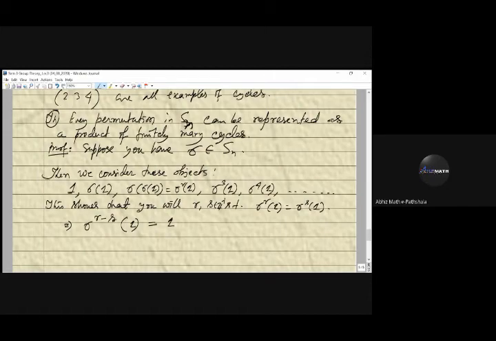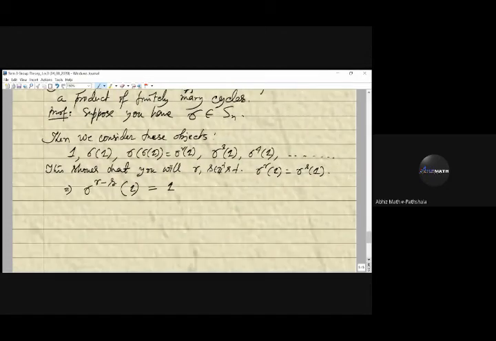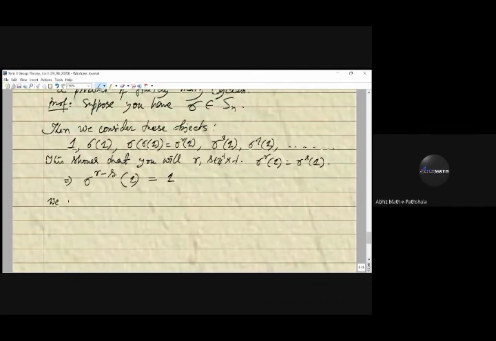So we choose the least positive integer, suppose r1, such that sigma to the power r1 of 1 equals 1.